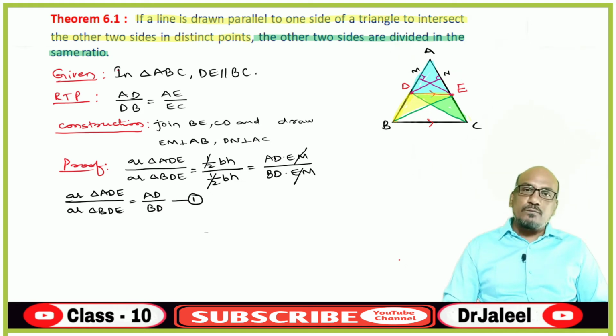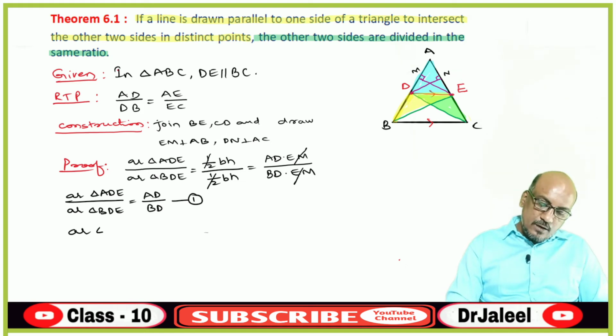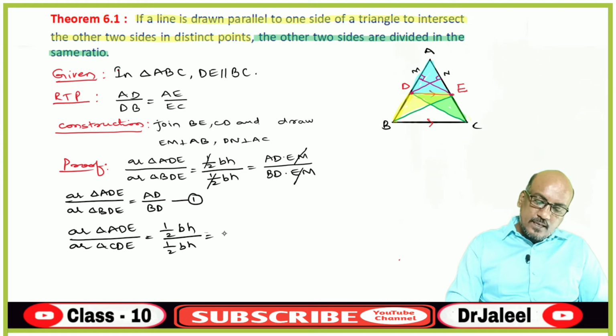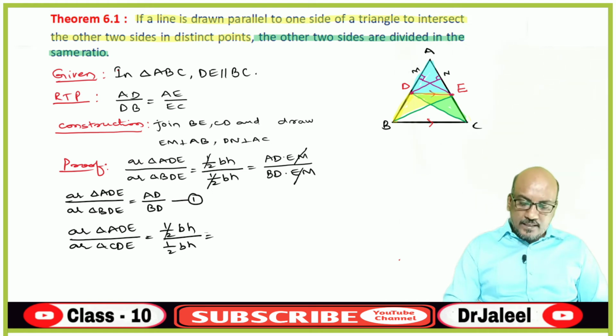Find the ratio of their areas. Area of triangle ADE by area of triangle CDE. The formula is the same, that is half into base into height, half into base into height. So half will cancel.